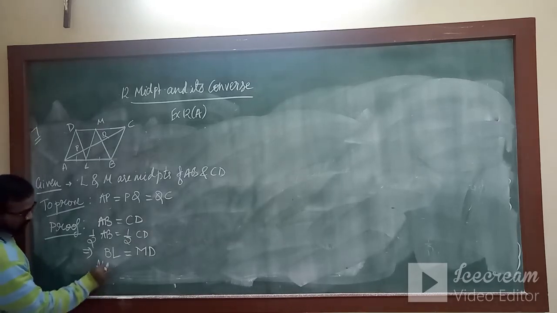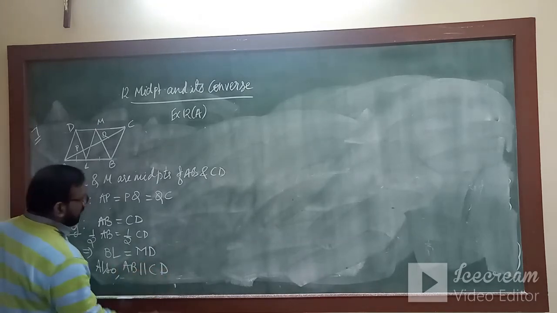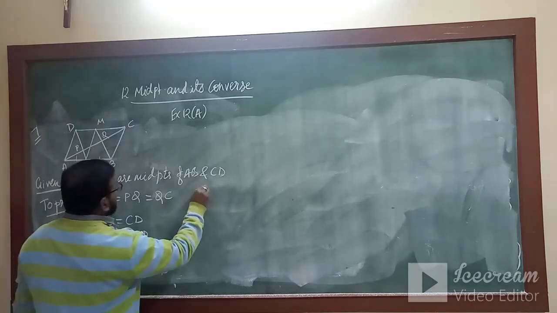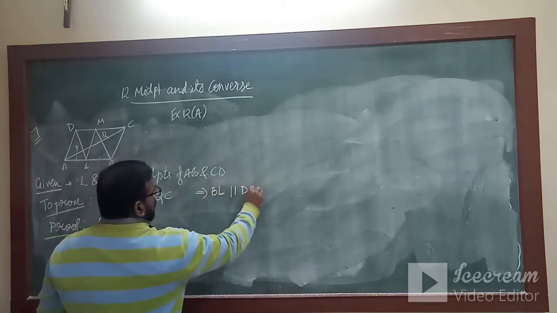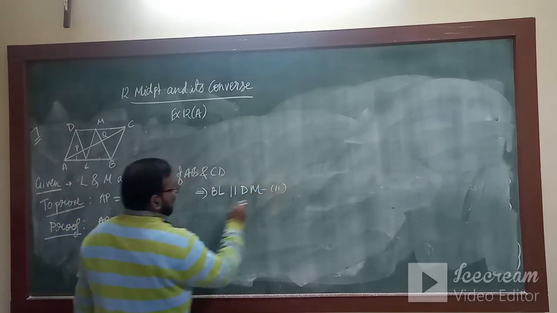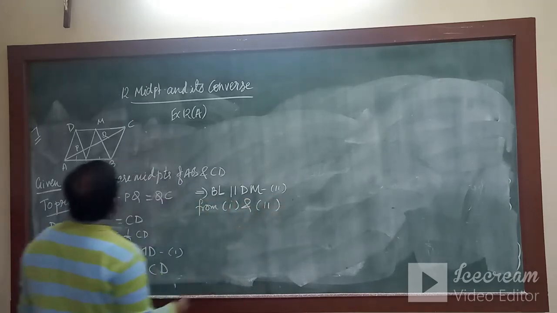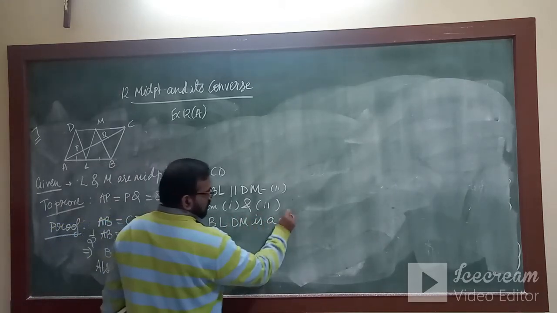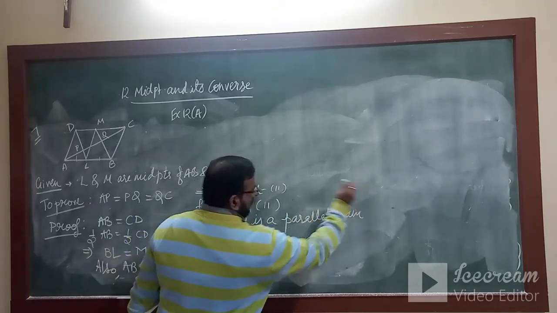Also, we know AB is parallel to CD, so we can also write BL is parallel to DM. Let this be our first and this second. So from 1 and 2, BLDM is a parallelogram. So we have proved that it is a parallelogram.